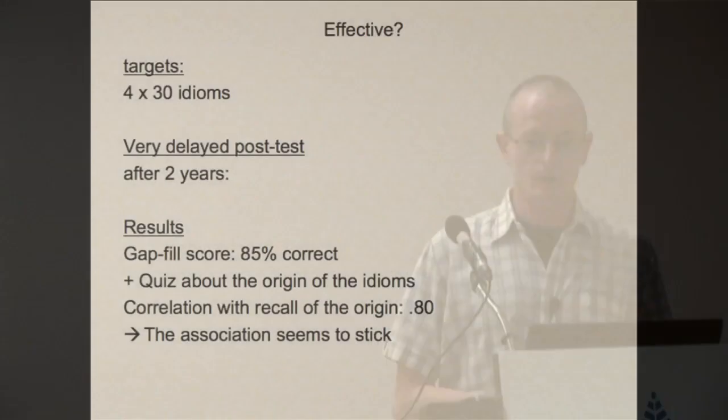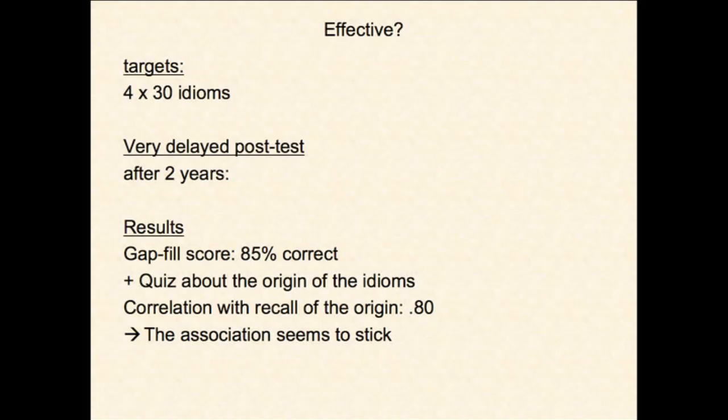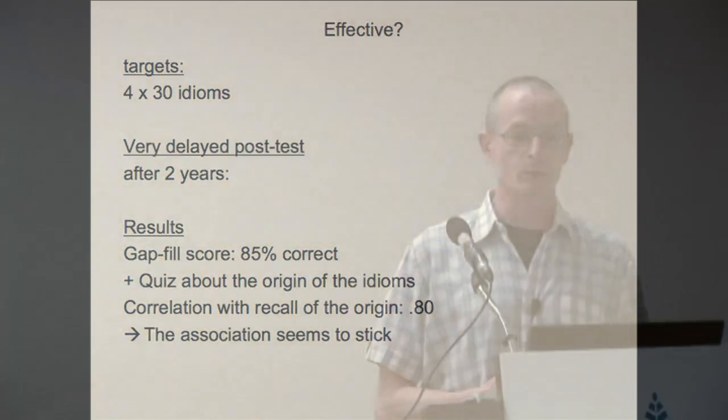At some point at the conference, and this happened time and time again, people asked, okay, but your post-test scores are straight after the treatment. I mean, what is the long-term effect of this? And so we decided to actually track down students after 2 years, and we presented them with this very delayed post-test.